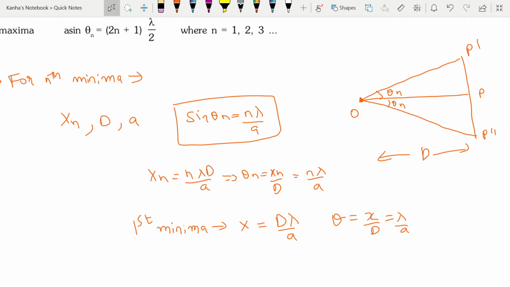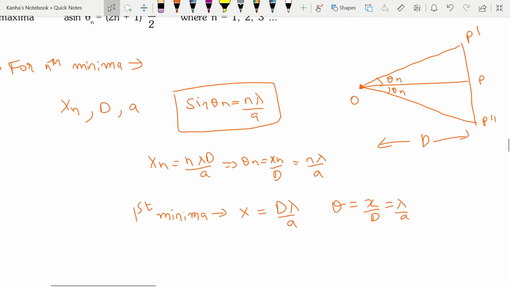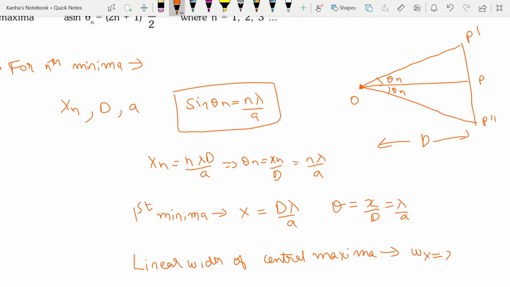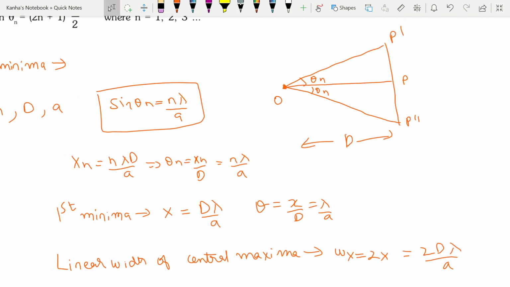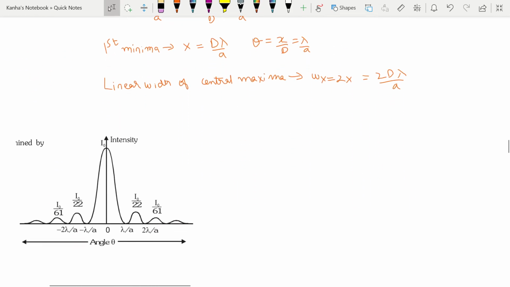So what is the linear width of central maxima? This will give me 2 times x, or equal to 2d lambda by a. This is the only thing that I think you should remember from here.